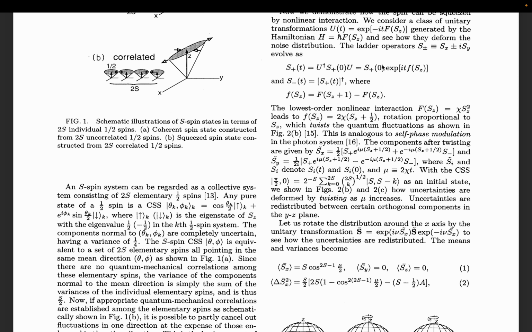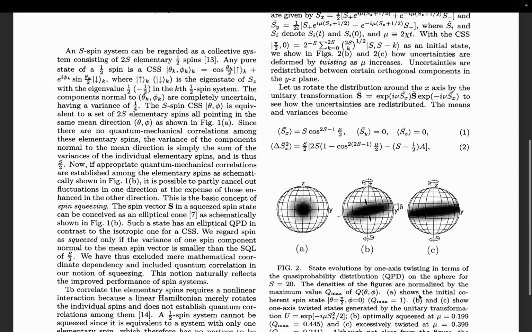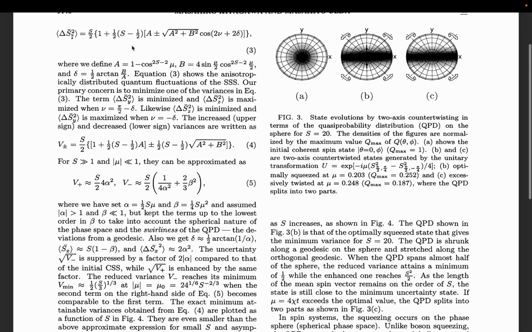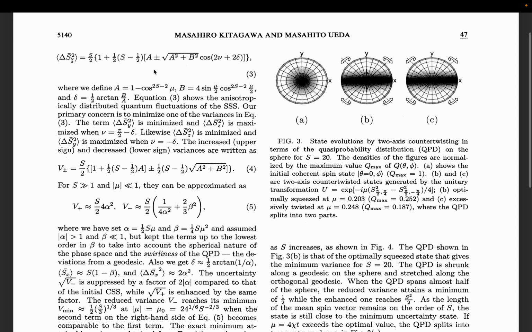We have considered here a function of Sz. If we rotate around the x-axis, then we get the corresponding expectation values. Only the direction along x will survive, all other expectation values will be 0, but we have variances along x, y and z directions. That is given here in equations 2 and 3.